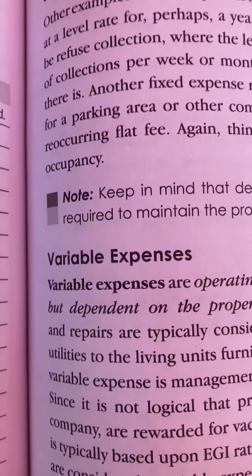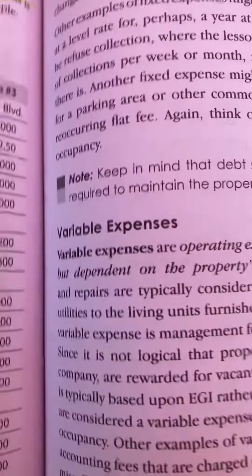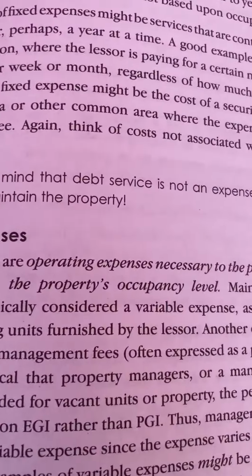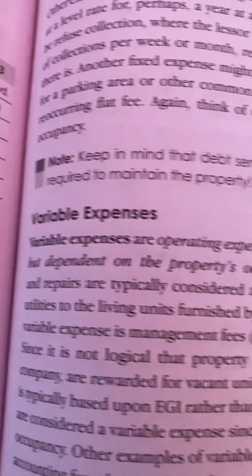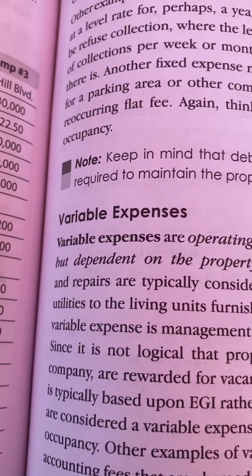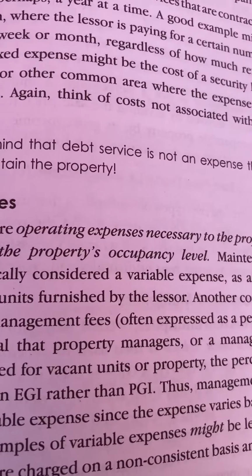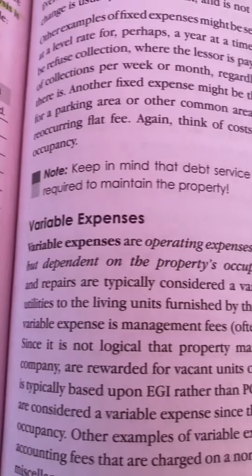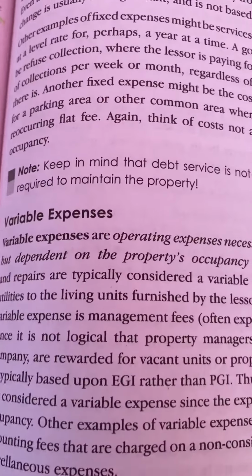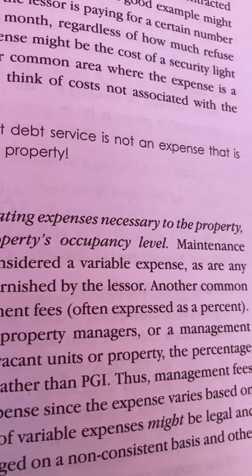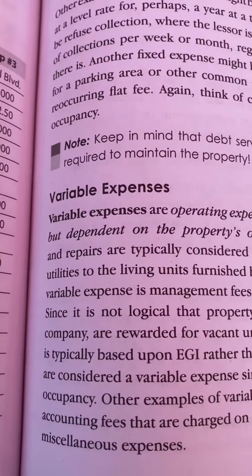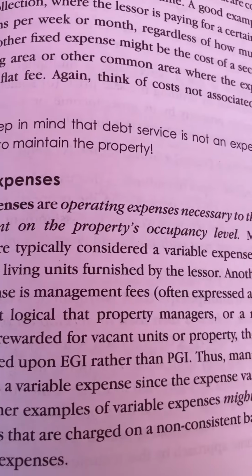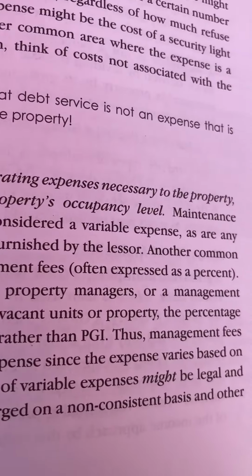Variable expenses. Variable expenses are operating expenses necessary to the property, but dependent on the property's occupancy level. Maintenance and repairs are typically considered a variable expense, as are any utilities to the living units furnished by the lessor.